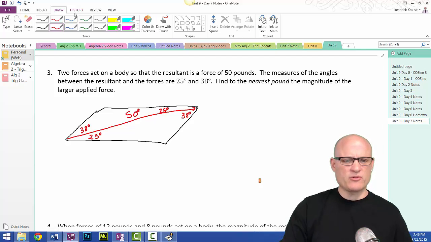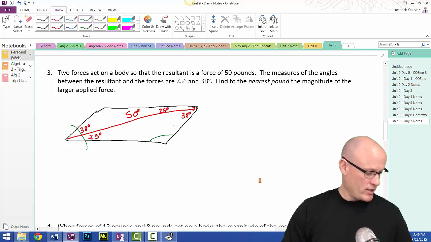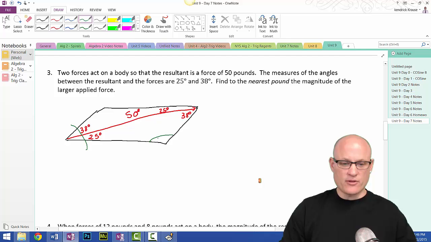And now let me keep with this same theme here. I know this angle. If I add those two up, that's 25 and 38 makes 63. There's 63 degrees here. That means I just find this angle. I subtract from 180. 180 minus 63 is 117. Sorry, I thought I was at the bottom of the page, not the top. 117.